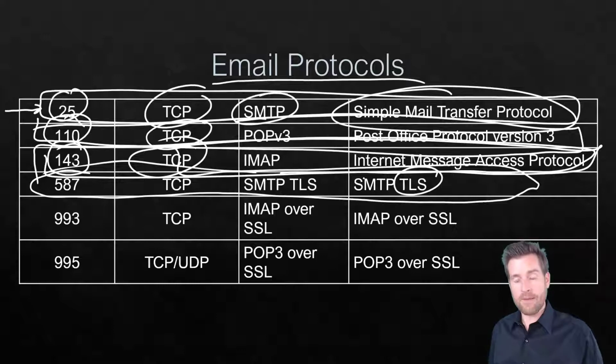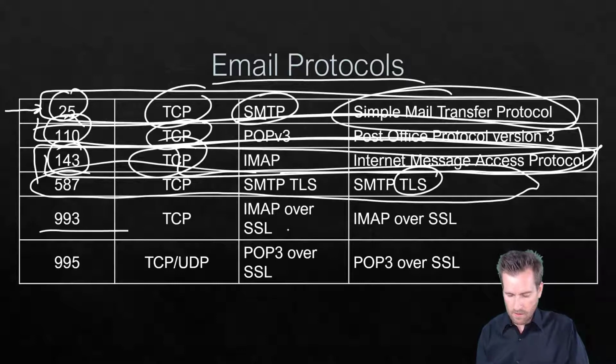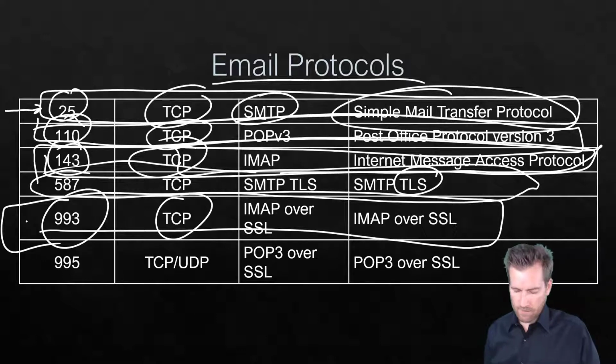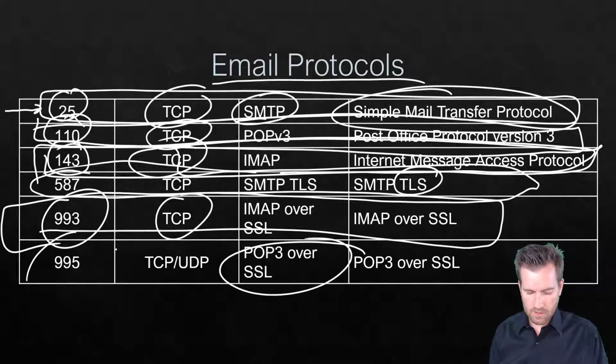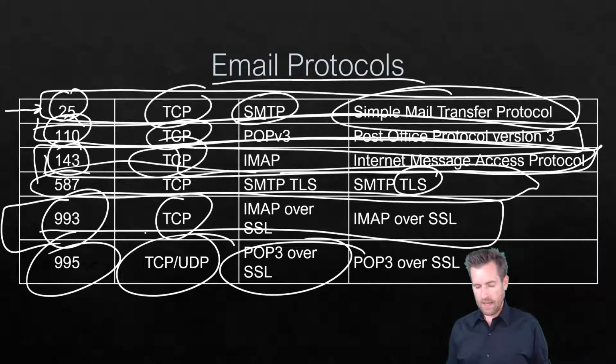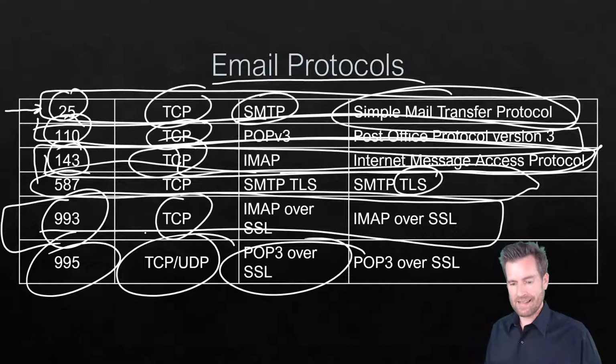But this is just a method of using SMTP in a secure manner. And then same thing for IMAP over SSL, which is TCP, port 993. And then finally, we've got POP3 over SSL, which is 995. It operates on both TCP and UDP, and that's POP3 over SSL.